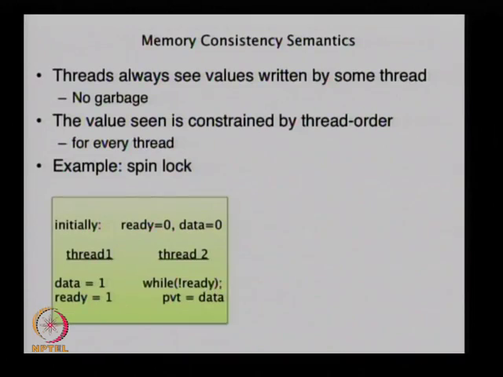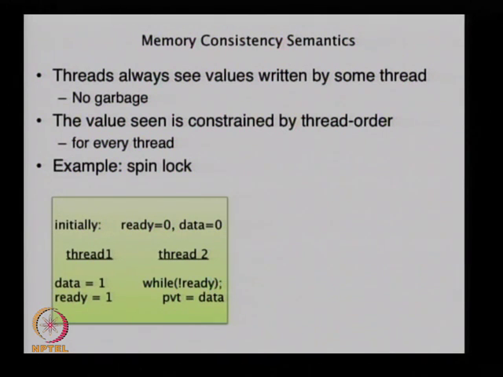Yes. So here is an example. I've got two data items. Ready is 0, data is 0 when we begin, right? And two threads have started, thread 1 and thread 2. Thread 1 says data is equal to 1 and then ready equal to 1.